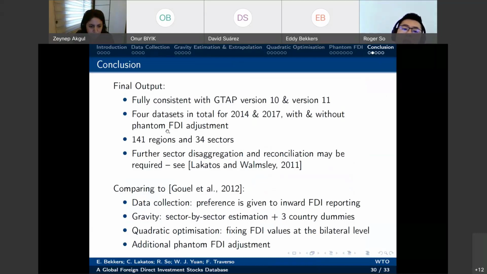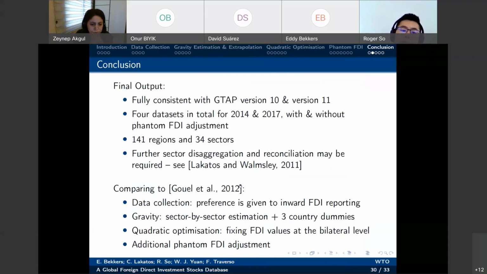The final data set contains 141 regions and 34 sectors. Note that in the GTAP database, there are 65 sectors, so further sector disaggregation is required if modelers require more sectors. We didn't do it here, but how to disaggregate the sectors can be found in the other papers.